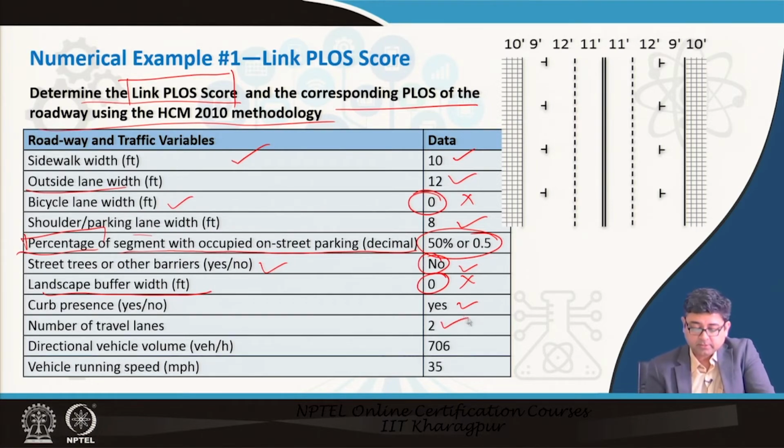The number of travel lanes: in this case there are 2 lanes. Directional volume: you have to know the volume of vehicles, remember volume of vehicles is important, and the vehicular running speed is also important. So, vehicular running speed, say in miles per hour, is 35 miles per hour.